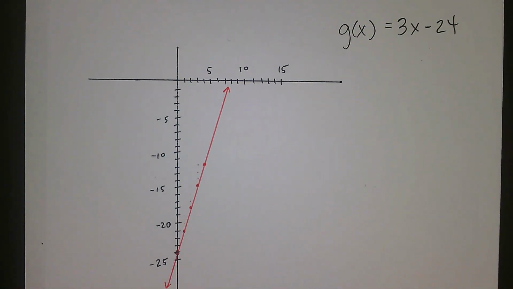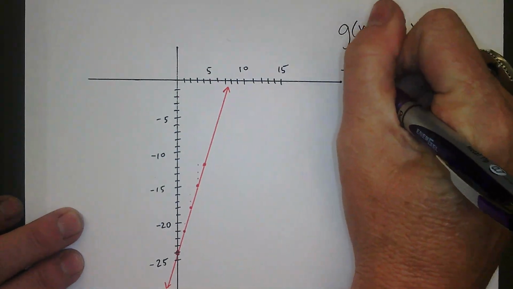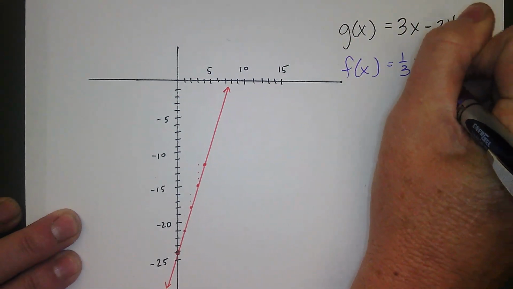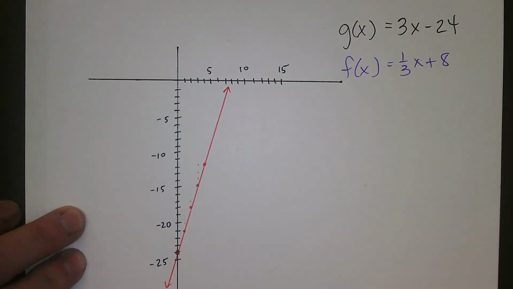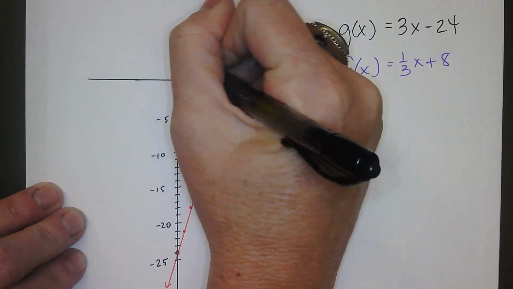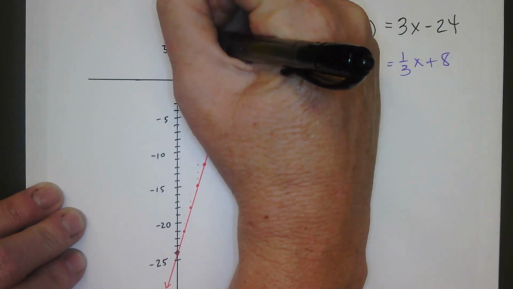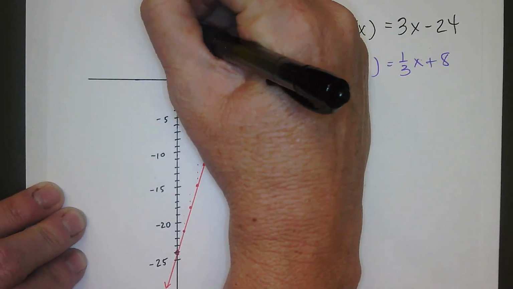If I was to put the original function on here, f of x, let's see, what was f of x? That was 1/3 x plus 8. We got to extend it a little bit more, 6, 7, 8.